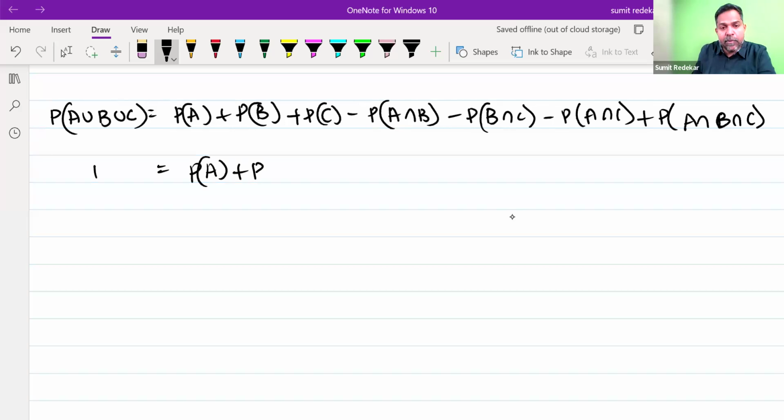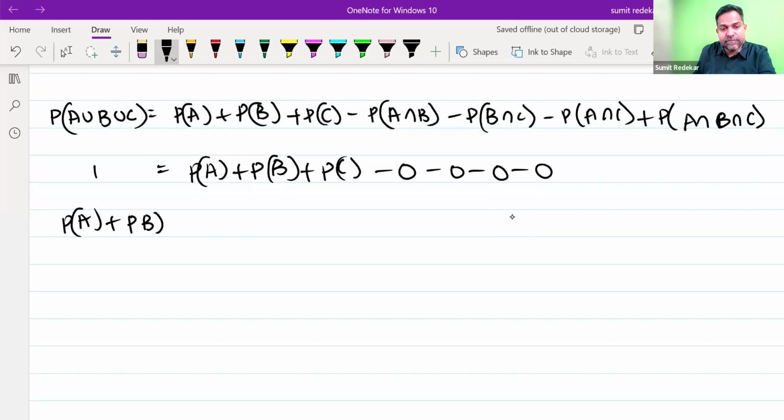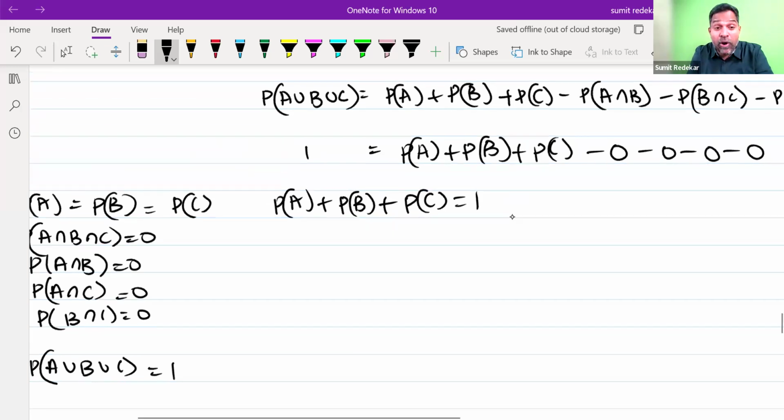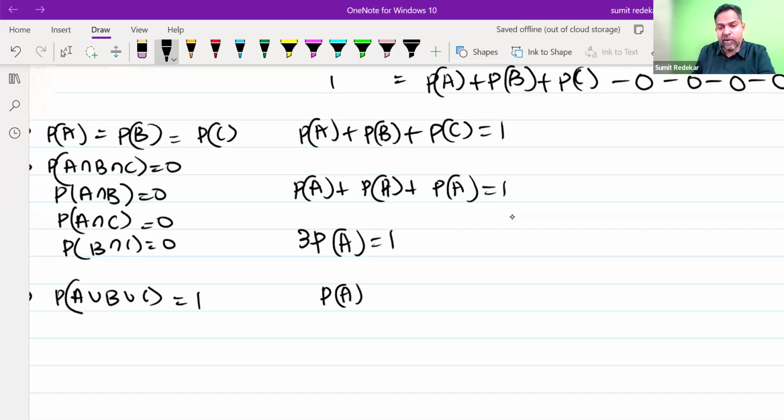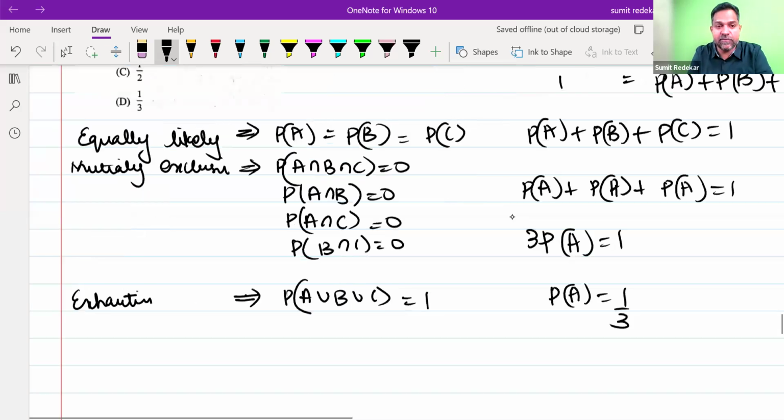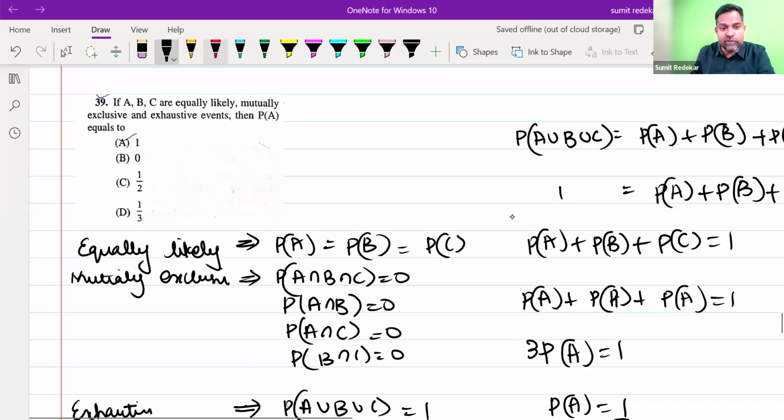Probability of A, probability of B, probability of C minus 0, 0, 0, 0. Then can I say P of A plus P of B plus P of C is 1. But one minute, they are all equal. If they are all equal, I'm replacing probability of A, B, and C with all A's. Can I say 3 times probability of A is 1? Probability of A is 1 by 3. The answer to that is, what are the probabilities of all 3?